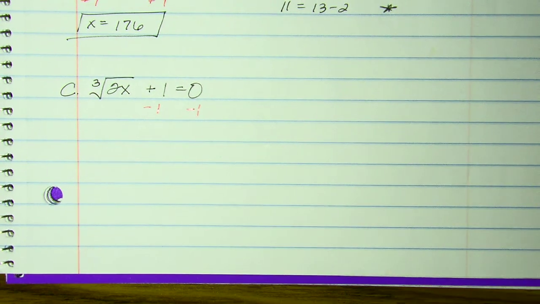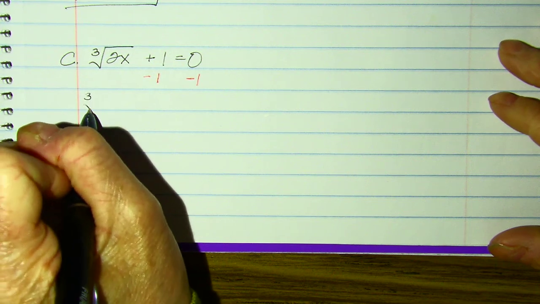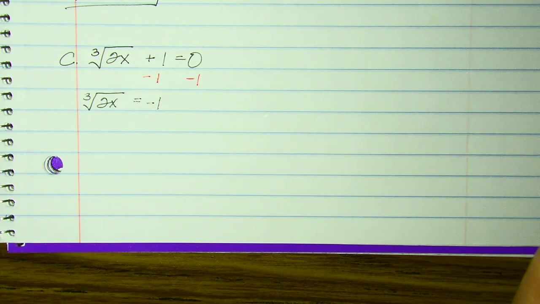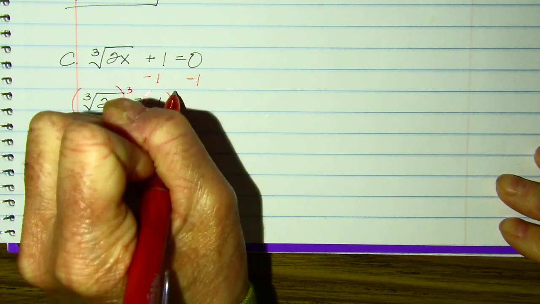There's a little glare and I apologize. Now I have the cube root of 2x equals negative 1. The inverse of cube root, instead of squaring it, is to cube it.